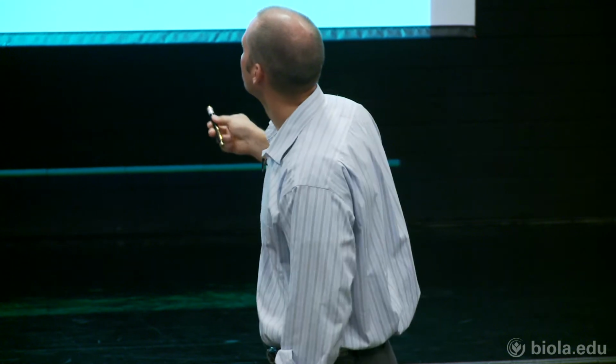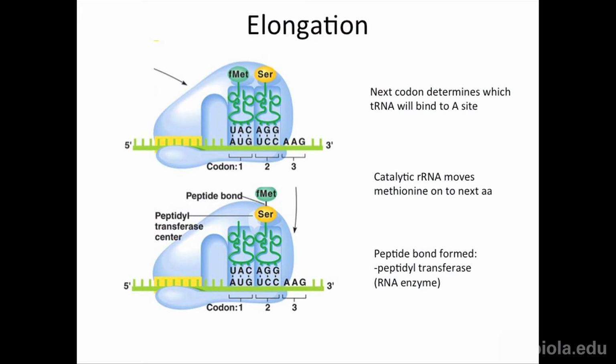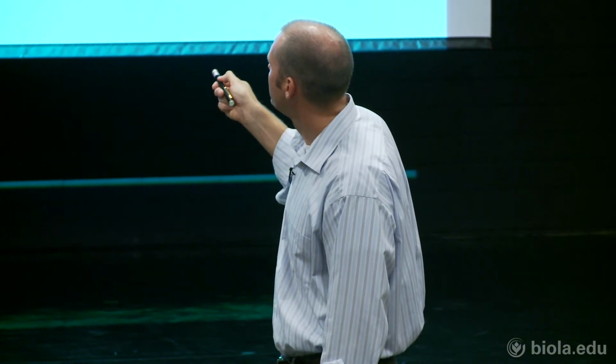So at the amino acid site, another tRNA comes in, its appropriate anticodon sits down here. This example is showing you really nice base pairing, but remember that the 3rd position could be wobbling. That might not be exact. This one codes for serine, so that's the next amino acid in our growing chain.